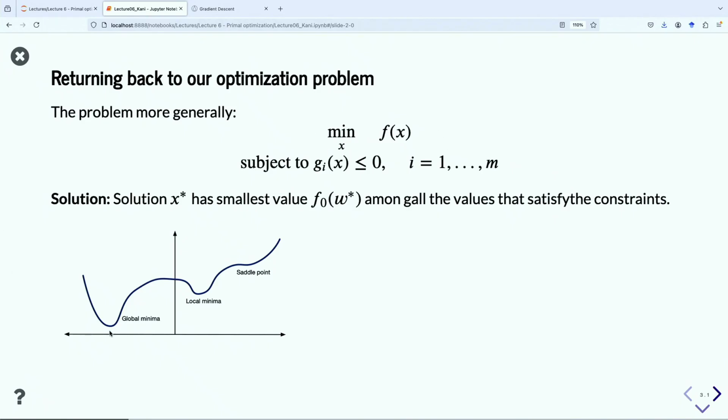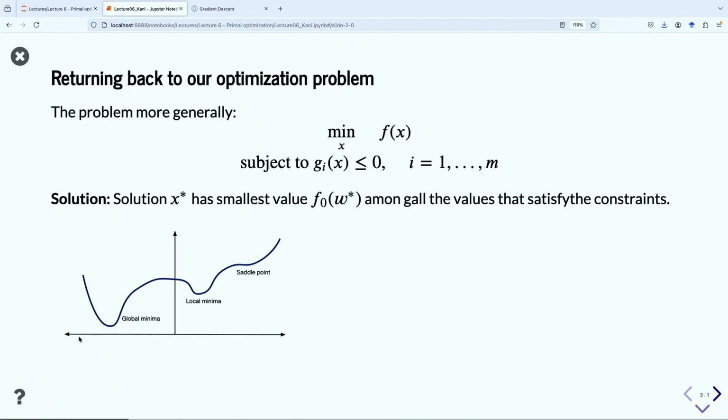So, for instance, you have a function. This is represented in 2D space. And you have a saddle point, for instance, somewhere where the gradient is 0, but it's not done decreasing. You have local minimas, and you have a global minima, where it is the smallest that it possibly could be. So this is what we want to find, right?